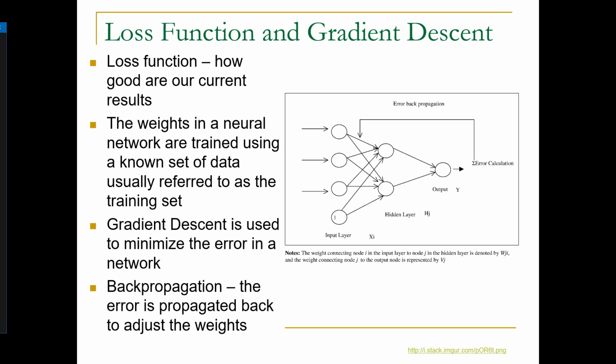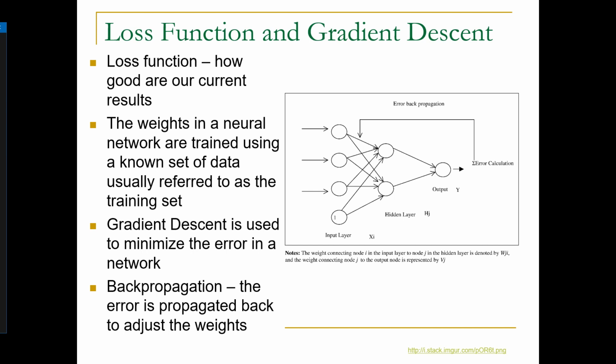The idea is to adjust the weights in the neural network using back propagation, using this error calculation. These are trained using a known set of data. We're going to take this error, propagate it back, and adjust these weights until the output meets or approaches the desired output, remember, the truth, supervised learning.